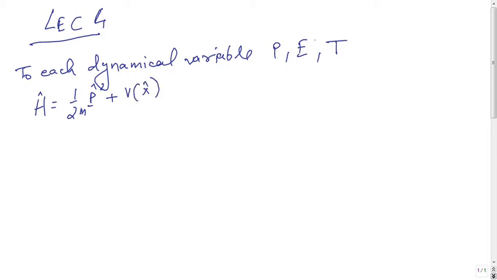And note, these are operators themselves. This is the momentum squared operator, and this is the position coordinate operator corresponding to the position of the particle, and V is a function which denotes the potential energy. So this is KE, kinetic energy, and this is PE, and this sum is the total energy, and it is called the Hamiltonian.